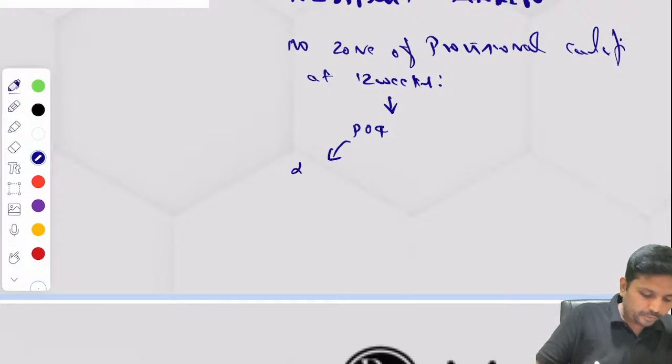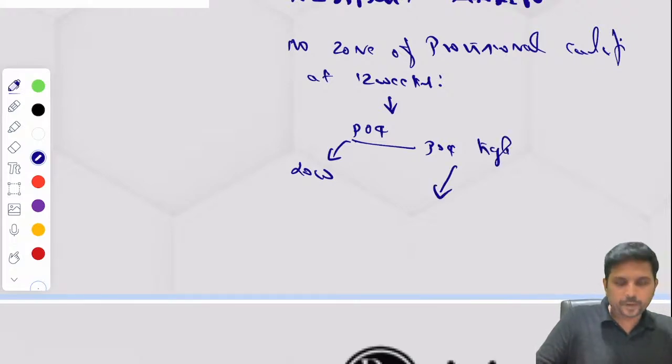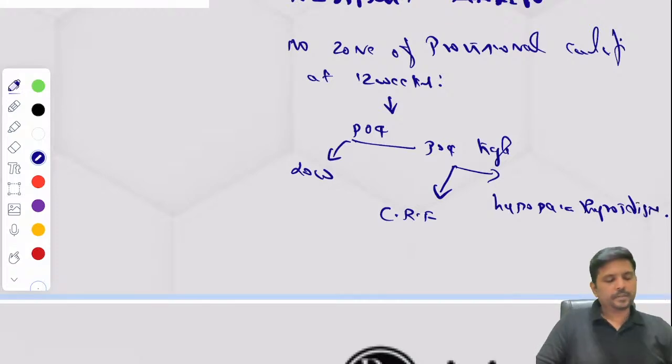So is the phosphorus level low or high? When you have high phosphorus, either it can be chronic renal failure or it can be hypoparathyroidism.